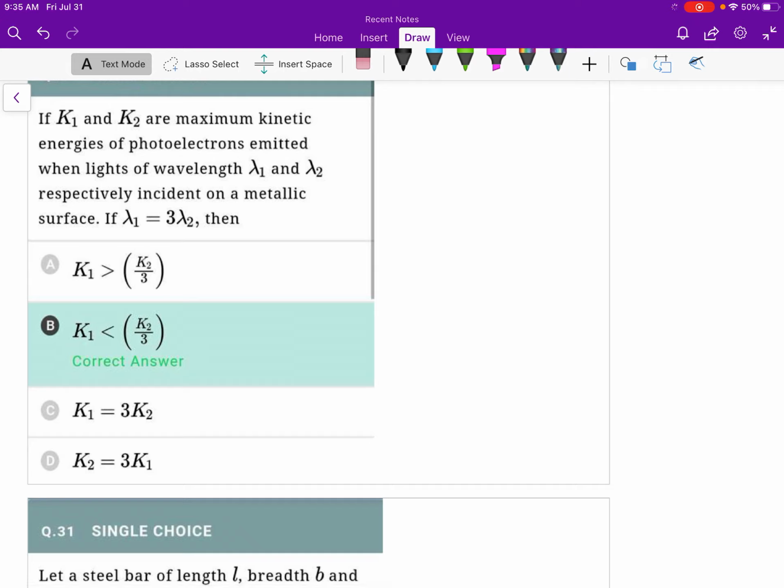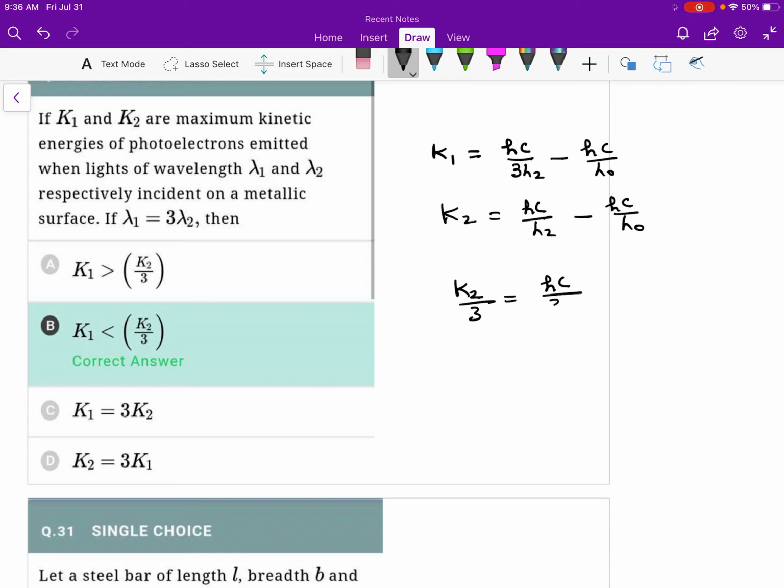K1, K2 are maximum kinetic energies of photoelectrons emitted in light of wavelength lambda 1 and lambda 2 respectively incident, and lambda 1 equal to 3 lambda 2. So K1 is hc by 3 lambda 2 minus hc by lambda naught, and K2 is hc by lambda 2 minus hc by lambda naught. Okay, so K1 is lesser than K2 by 3. So let's divide K2 by 3.